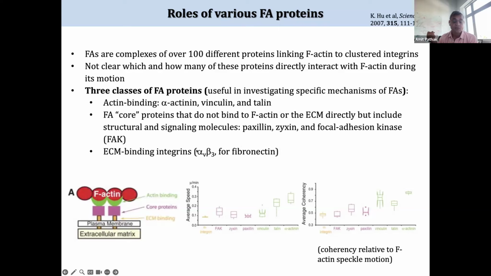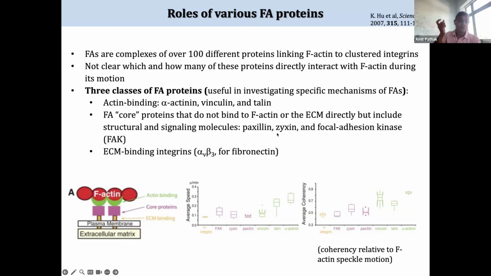However, if the goal is to study focal adhesion maturation, without core proteins there is no maturation, because that's where the stabilization of focal adhesion happens. So these are the core proteins: paxillin, zyxin, focal adhesion kinase. Earlier, when people stained for actin, vinculin, and phospho-FAK, they were basically going for all three. So how does the actin relate to focal adhesion?